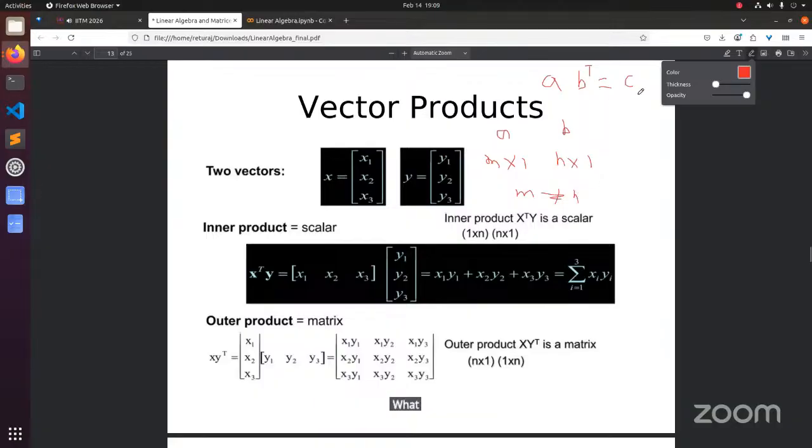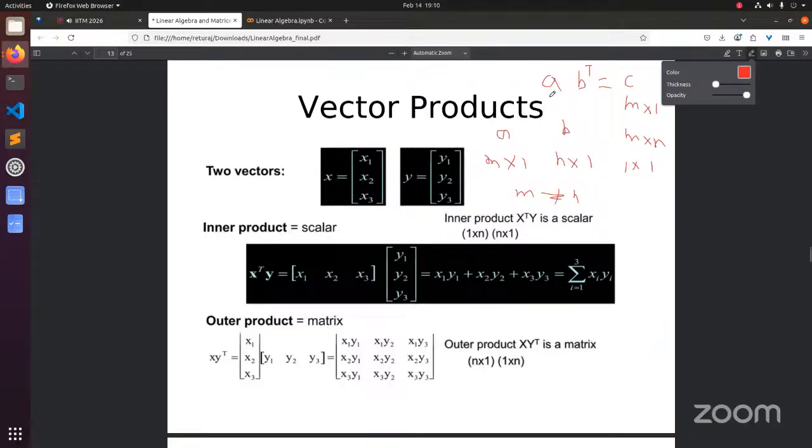What is the size of C? M cross N, sir. We have M cross 1, we have M cross N. Anything else? N cross 1? 1 cross 1. We also have 1 cross 1. Anything else?